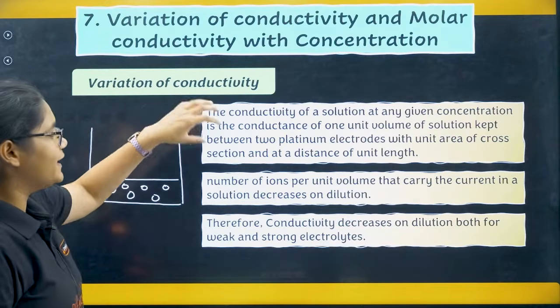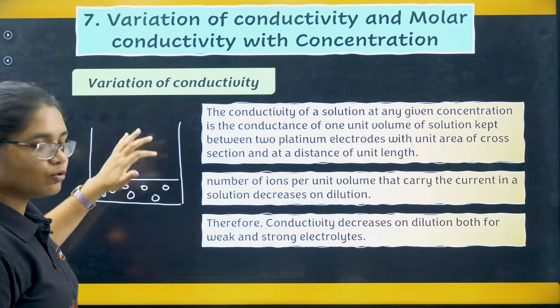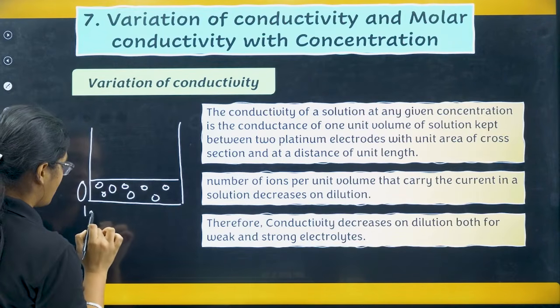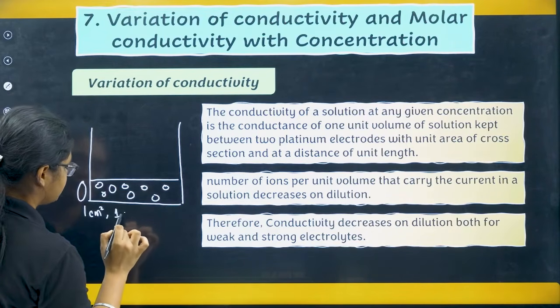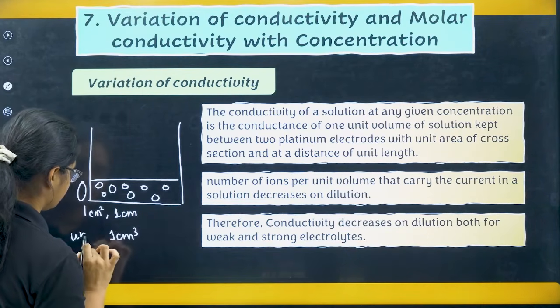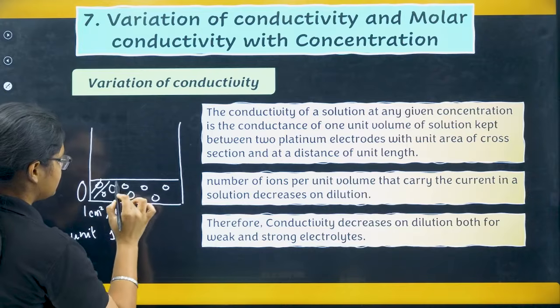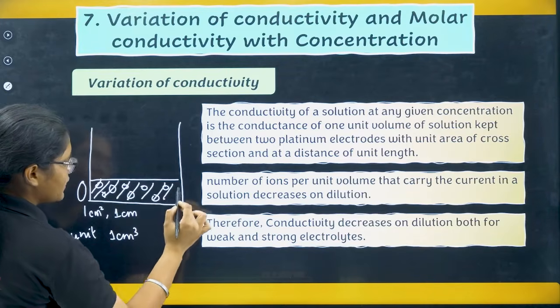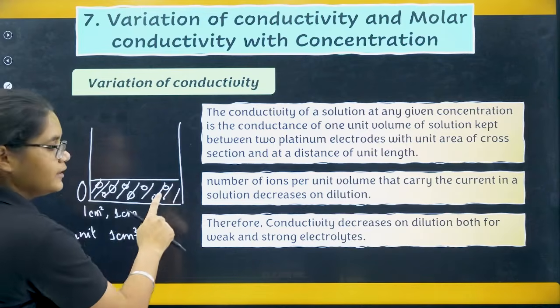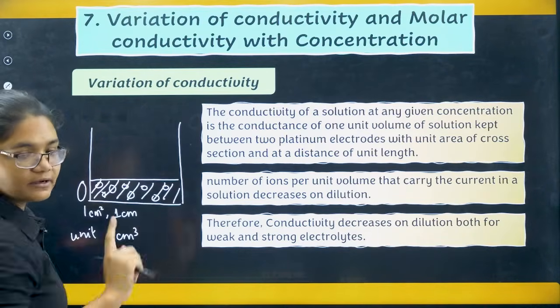Now when you dilute it, when you add more water to this, this much area is 1 centimeter square and the length is 1 centimeter, so it is 1 centimeter cube, or unit volume. So whatever is the conductance of this particular area, that is equal to the conductivity.